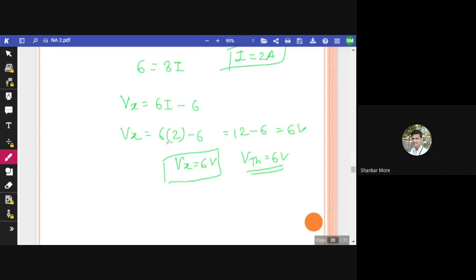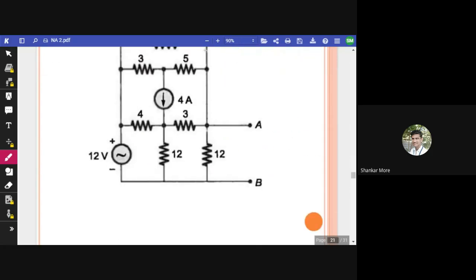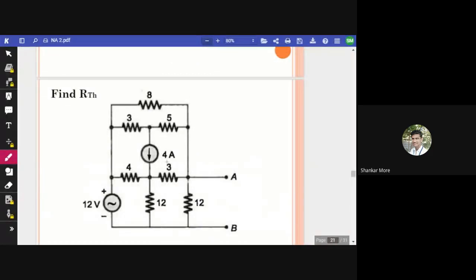So yeah, find RTH now, guys. This you have to do. Yeah, this is easy. RTH फाइंड आउट करना है गाइस, और इसमें आपको प्योरली इंडिपेंडेंट सोर्सेस दिया है. So you don't have to put any V, I, and nothing. You just have to replace the sources, and you have to simply calculate RTH.